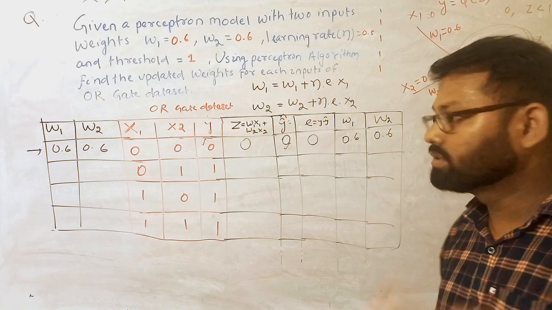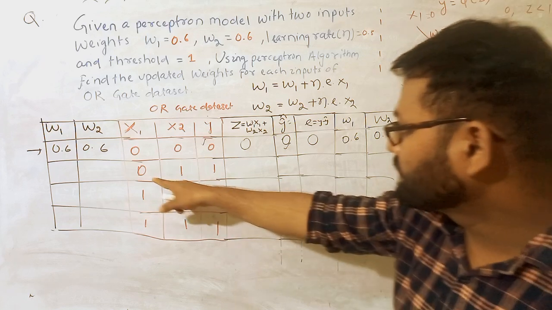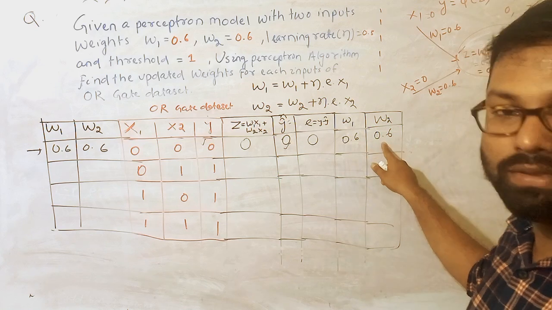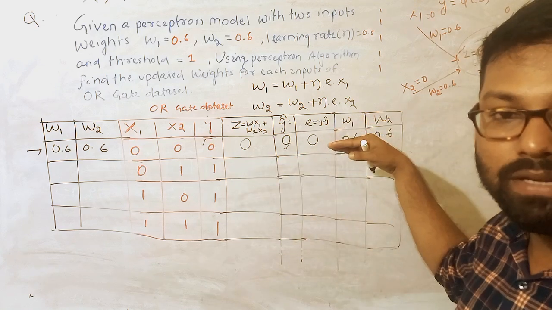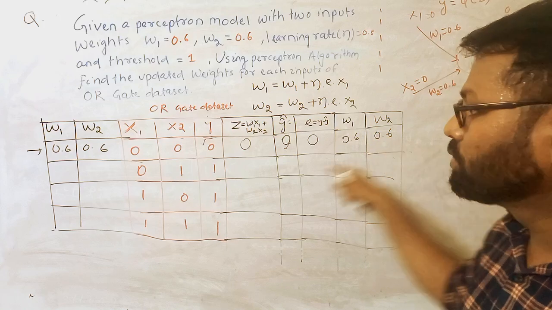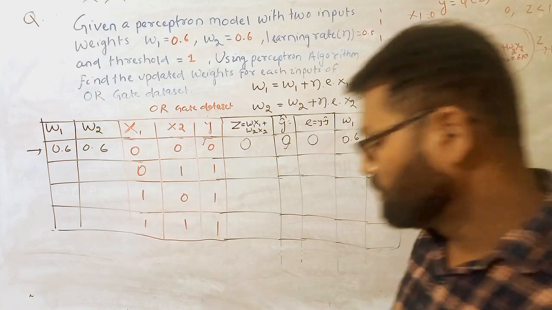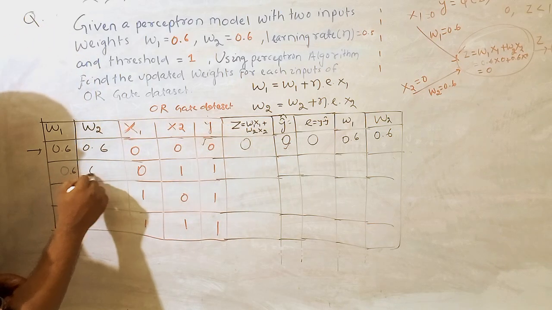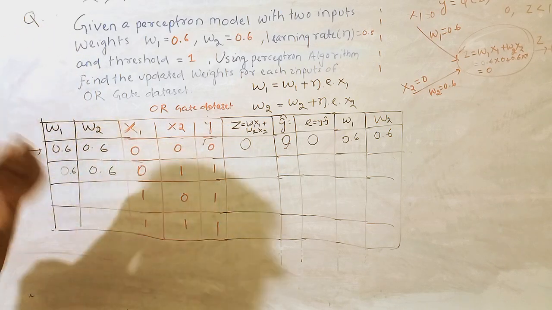Okay, now go to the second sample. This is the second sample. Before you proceed, you add these weights here, because in every step the weights of the previous step are used in the next step. So here you add 0.6 and 0.6. Now you process the same thing.